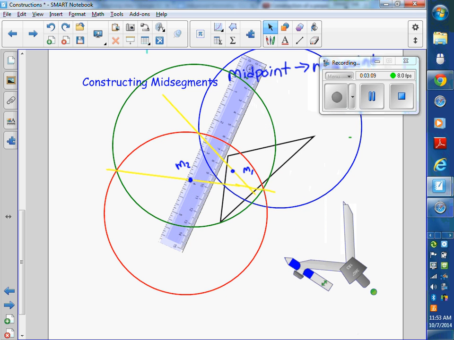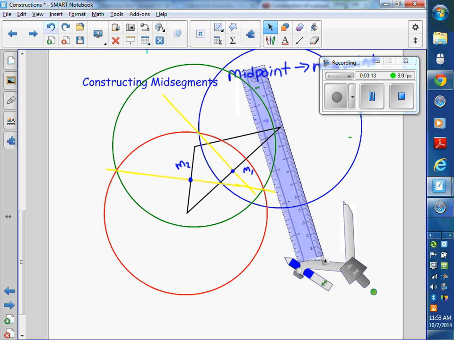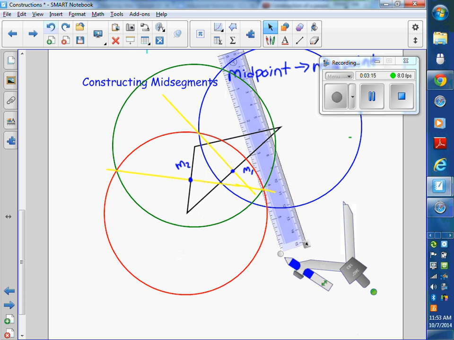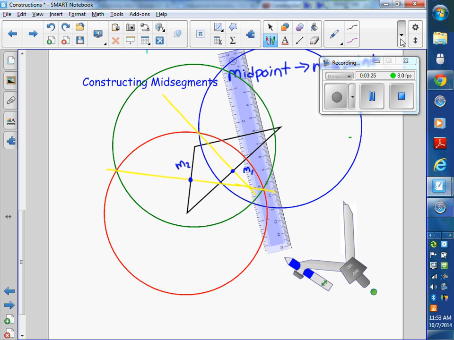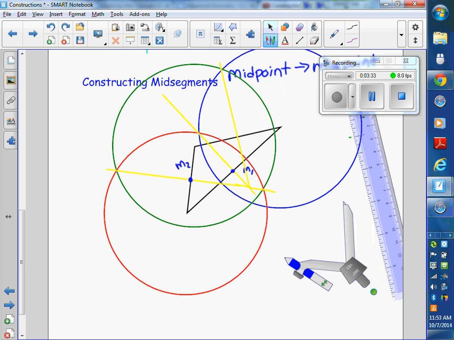So I keep moving that. I need to get the green and blue circles. Can you kind of see that? Pretty good. So then when I move that out of the way, this is M3.